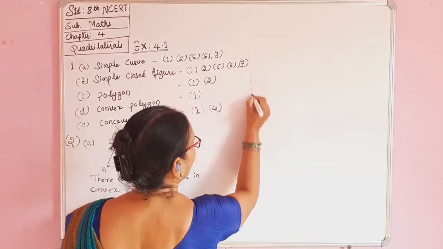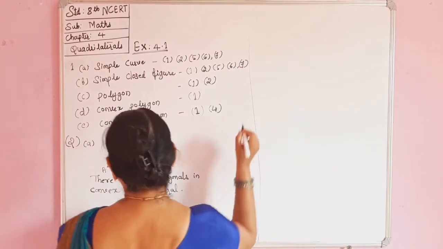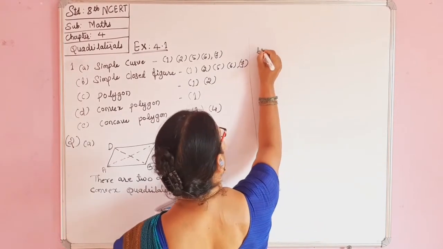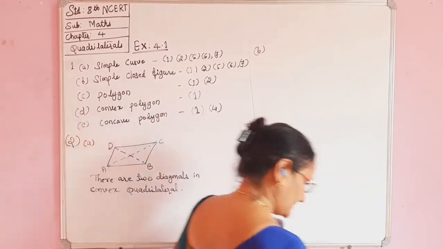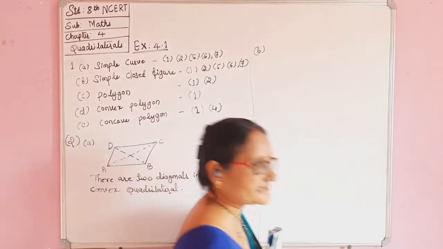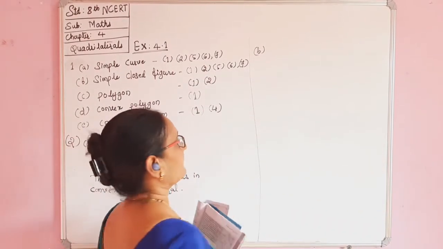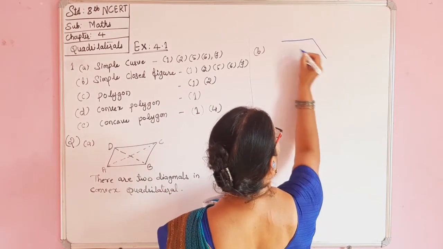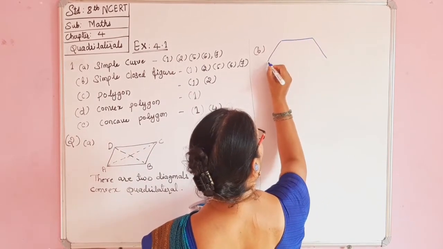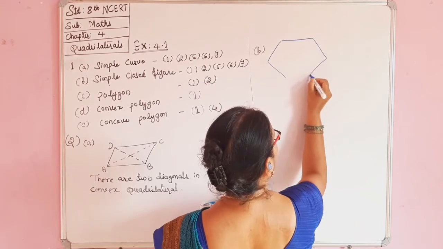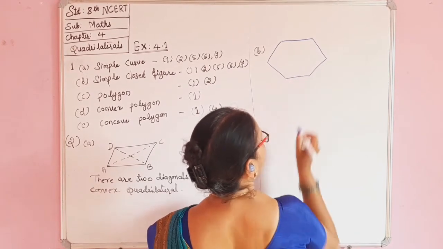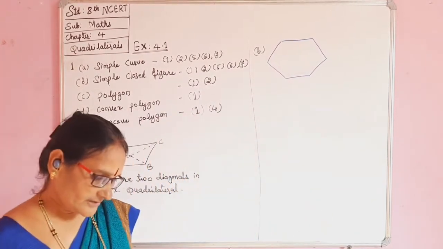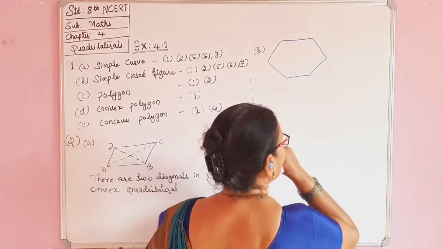A regular hexagon means that all 6 sides are equal. Now I will draw it. Approximately all the 6 sides are equal here. In this, how many diagonals will come? We will see.